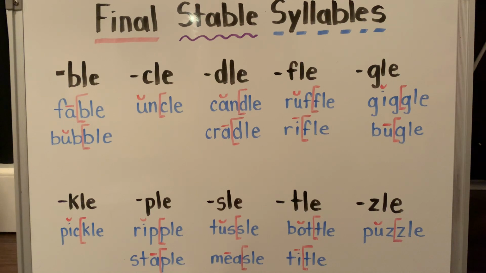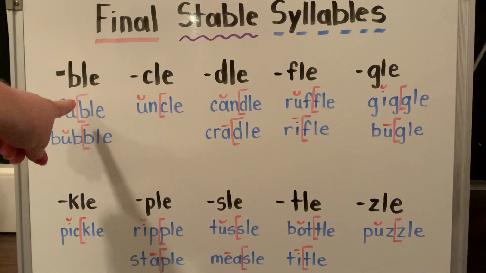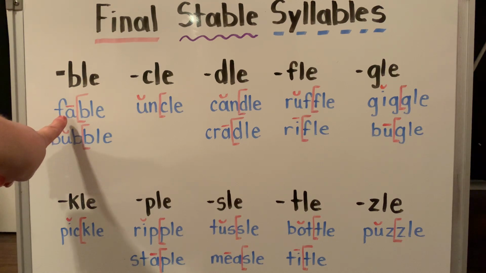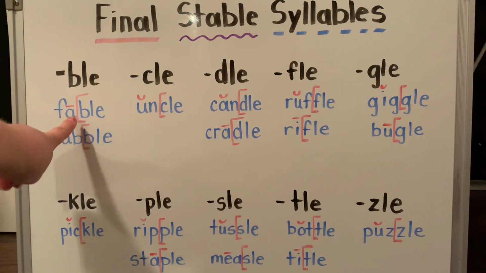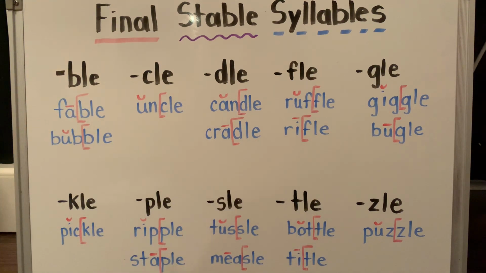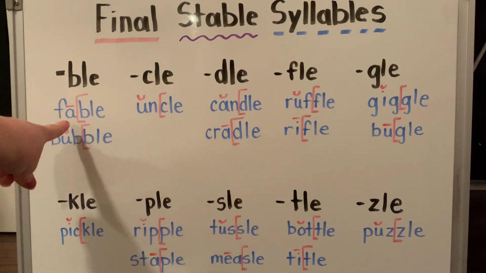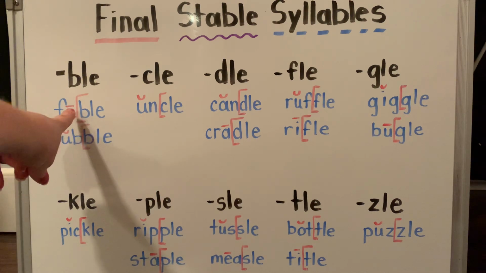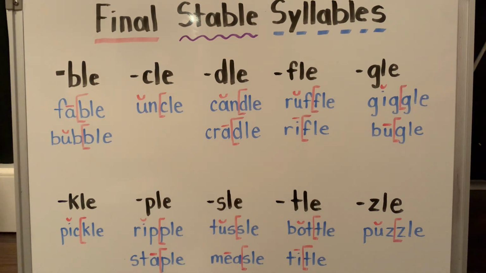If the vowel is open and does not have a friend next to him, he's a long vowel, like in the word fable. This A is long because if we look here, there's no friend next to him. When we box off the final stable syllable, he is by himself, so he is open and long.